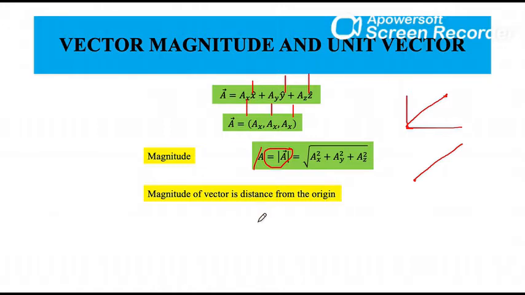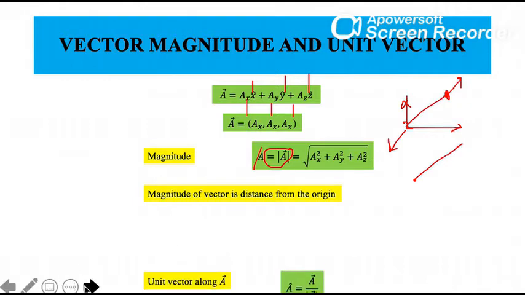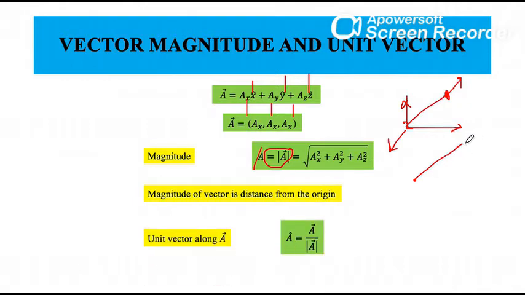So how do I define a unit vector along a particular direction? So I have a vector A which is starting at origin and terminating at some point in 3-dimensional space. I will just draw it. Okay, so how do I define a unit vector along this direction? What is unit vector? It is a vector which is directed at a particular direction, any direction.